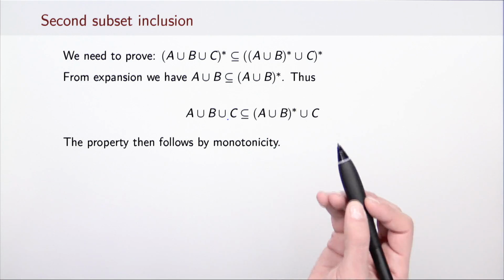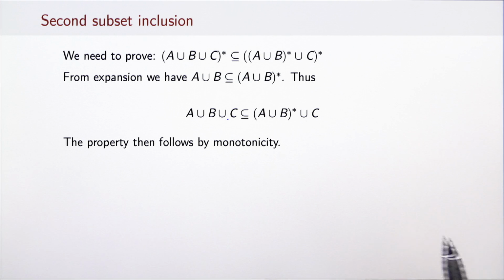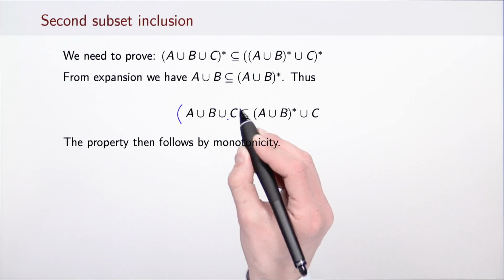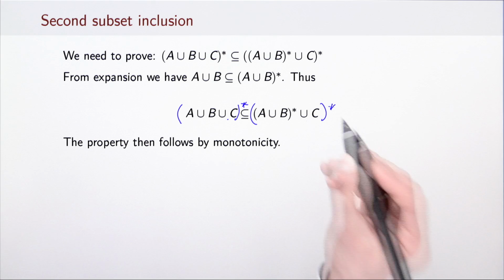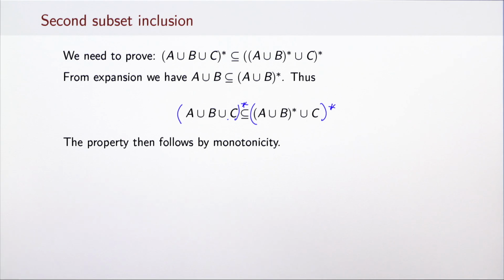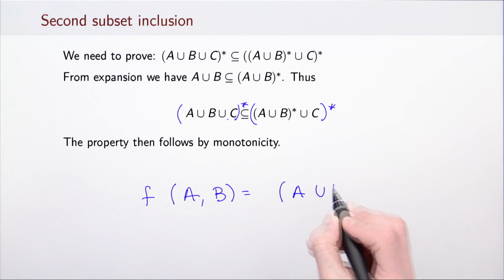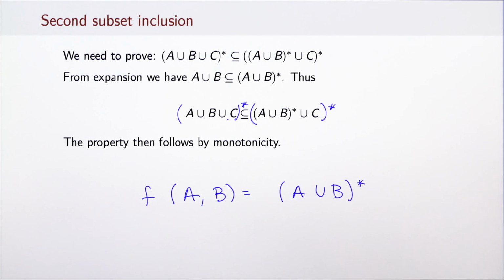When we add C to both sides, the set inclusion still holds, and then we just apply star to both sides. And we obtain exactly what we were supposed to show. And now we have shown both sides of the inclusion, so we have shown, in fact, that our property holds. Function F, defined by when star is a closure operator, is in fact an associative function.